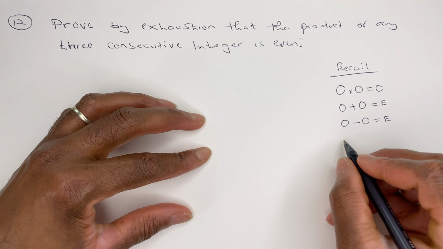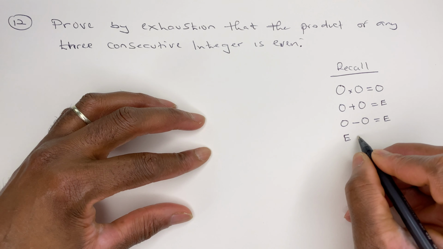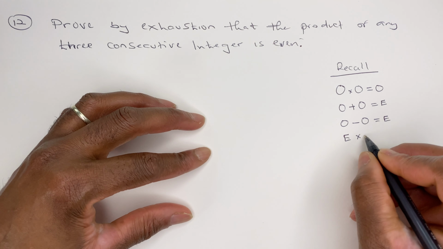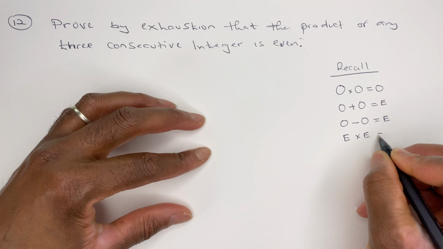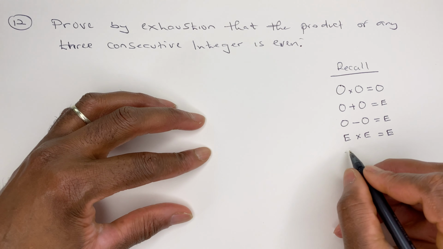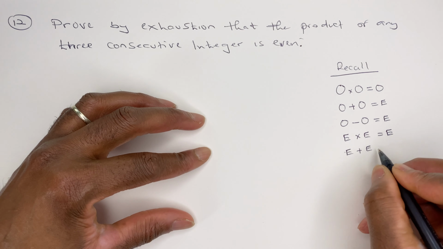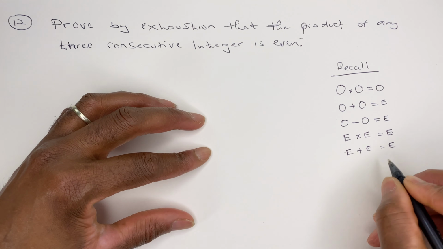Whenever we have even number and we times it by even number, we get even number. Whenever we add even to even, we get even number.